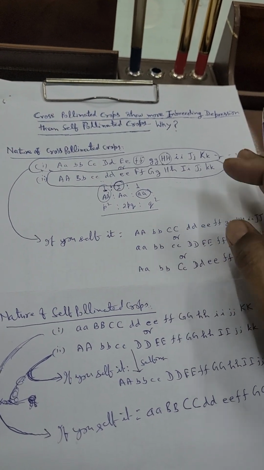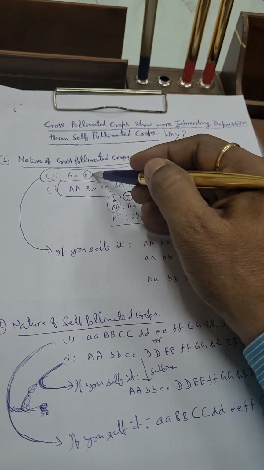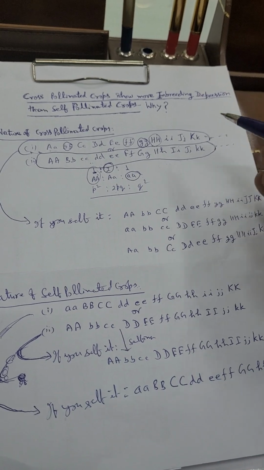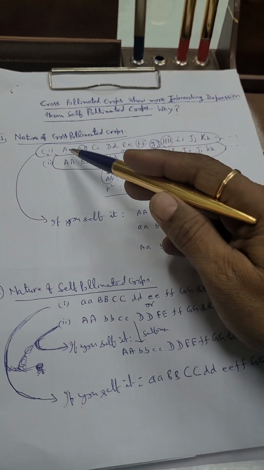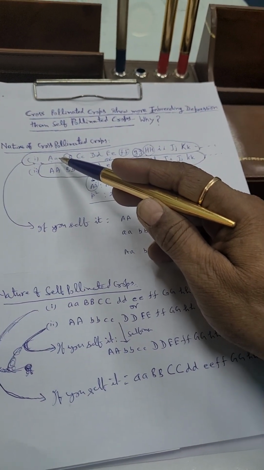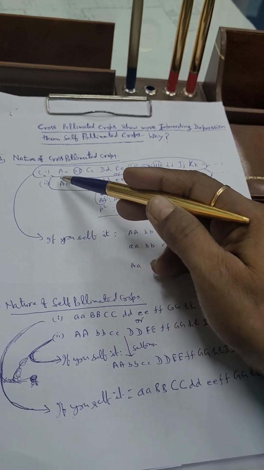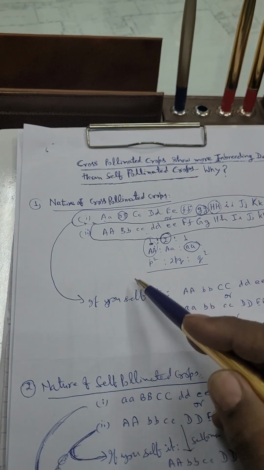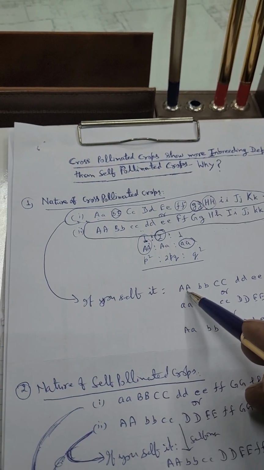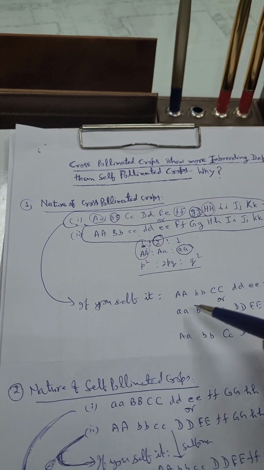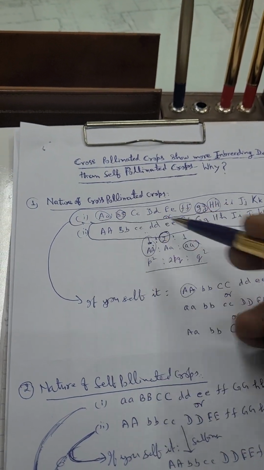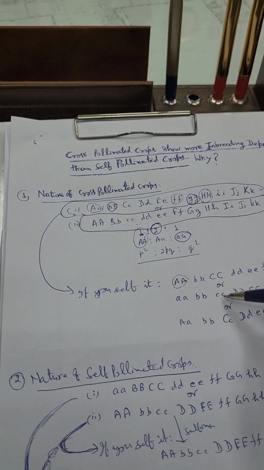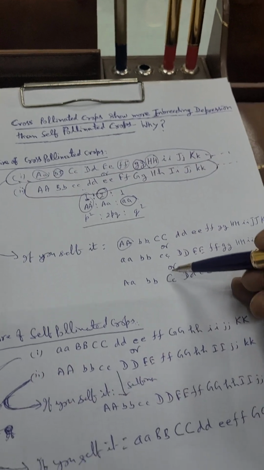So if they are heterozygous in nature, forget about the loci where you find homozygous. Wherever you get the heterozygous status, if you are selfing this variety, what will happen? Instead of capital A, small a, you will get capital A, small b; capital C you may get, or small c, or capital C small c.